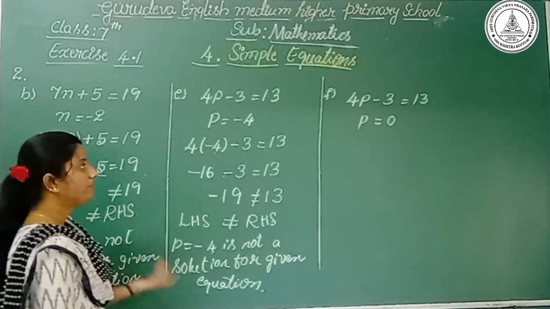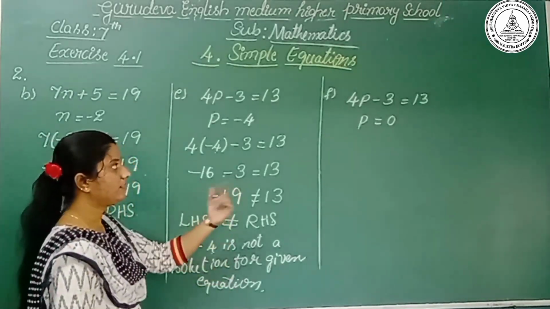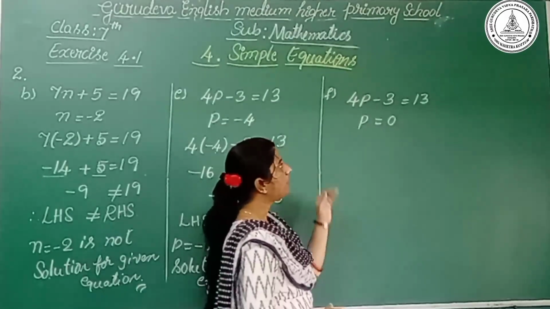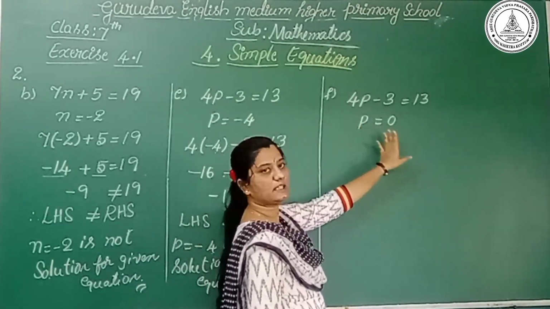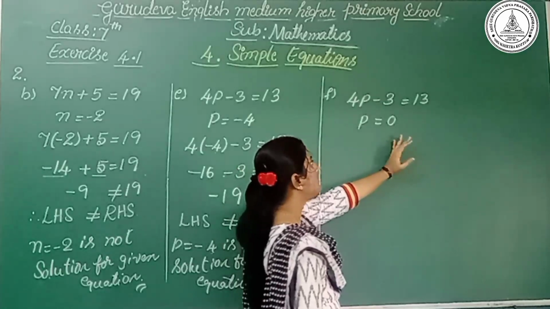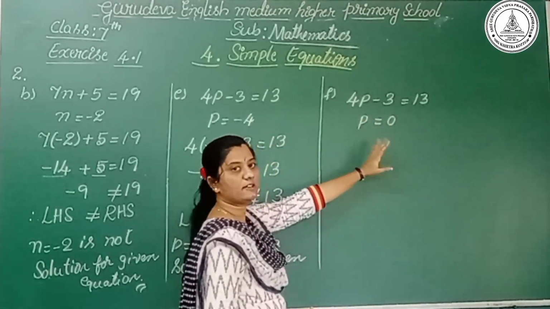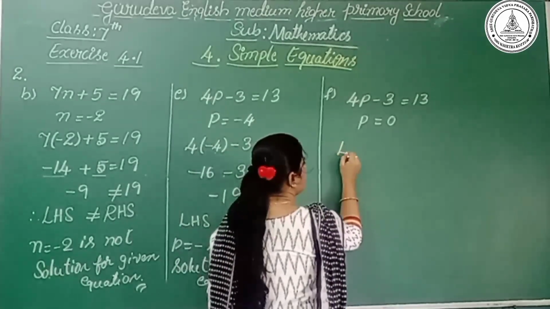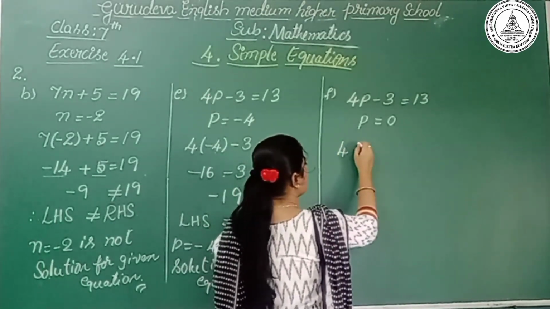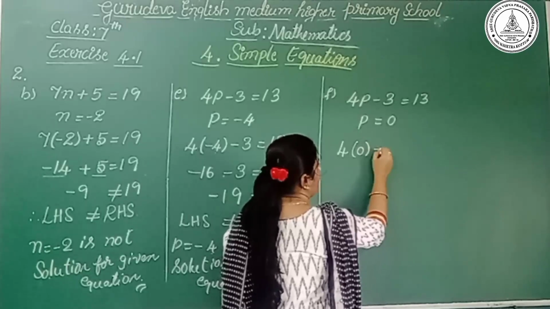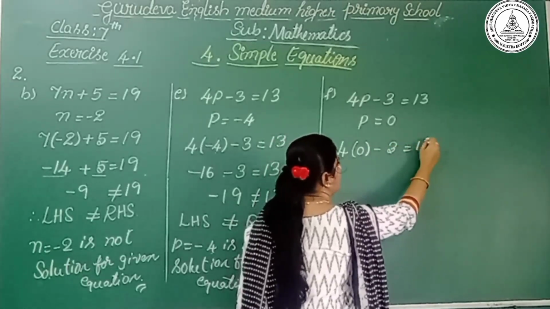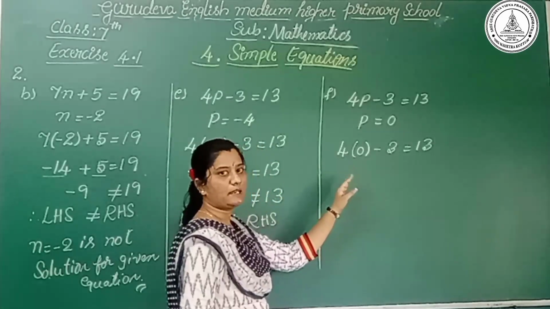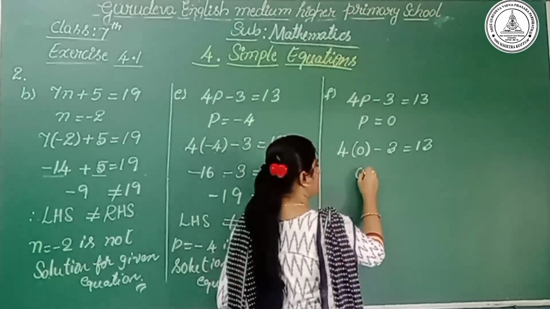Okay, then let's do the last question, that is the F one. 4p minus 3 is equal to 13. Here the value of p is given as 0. Let's check whether p equal to 0 is a solution for this equation or not. Substitute the value of p in the given equation: 4 into 0 minus 3 is equal to 13. We know that if any number is multiplied by 0, the product is 0 itself.